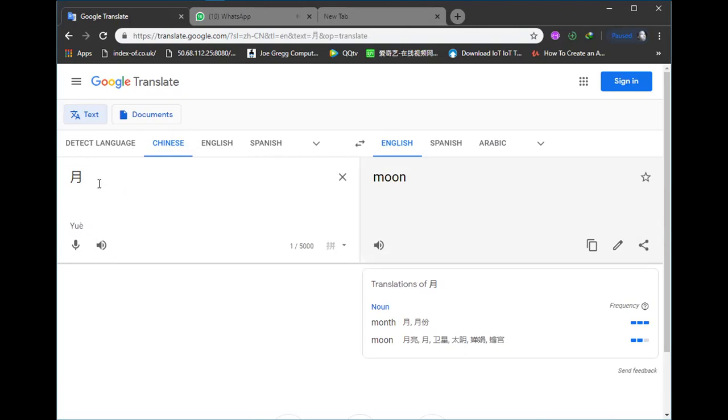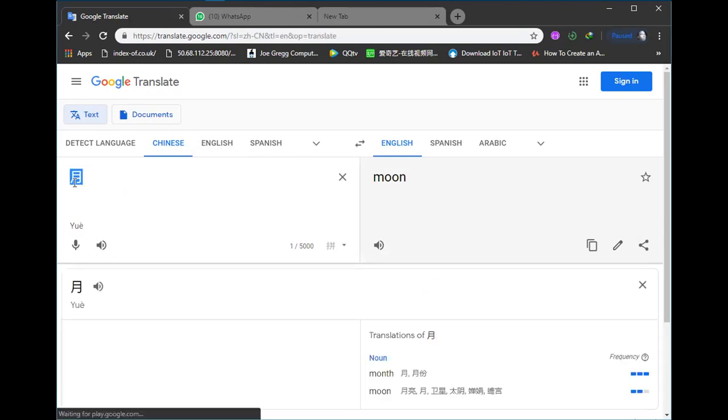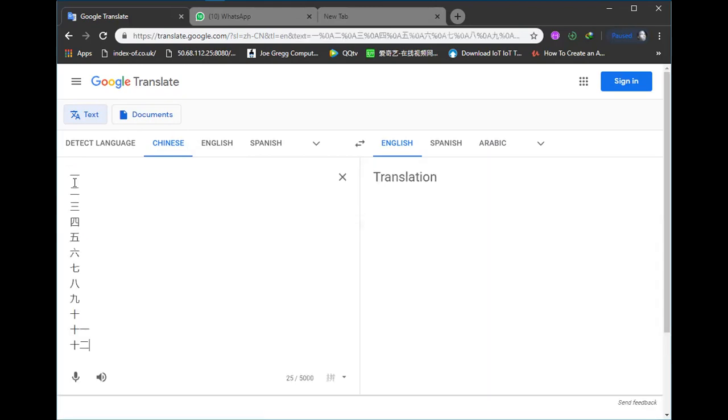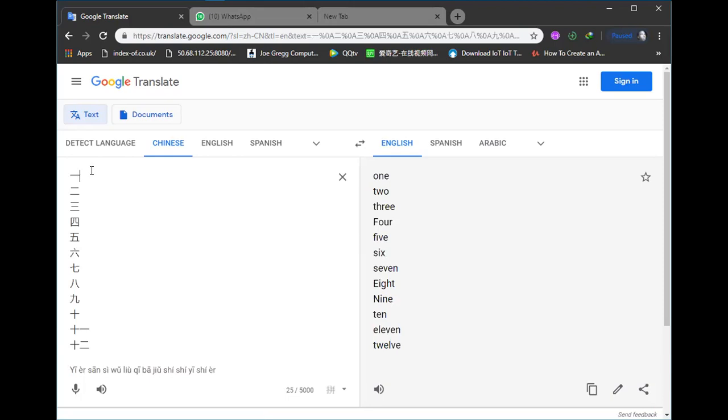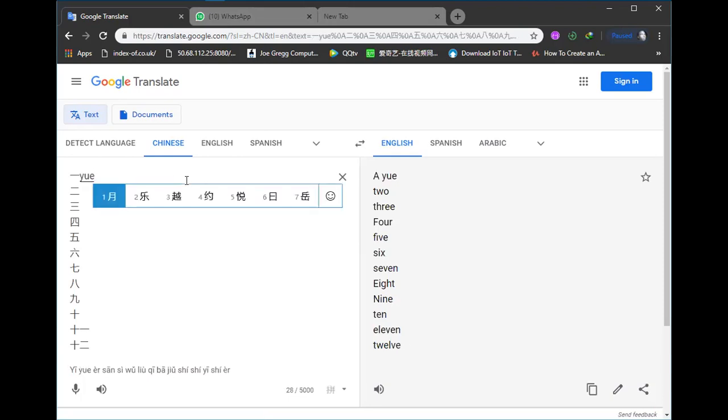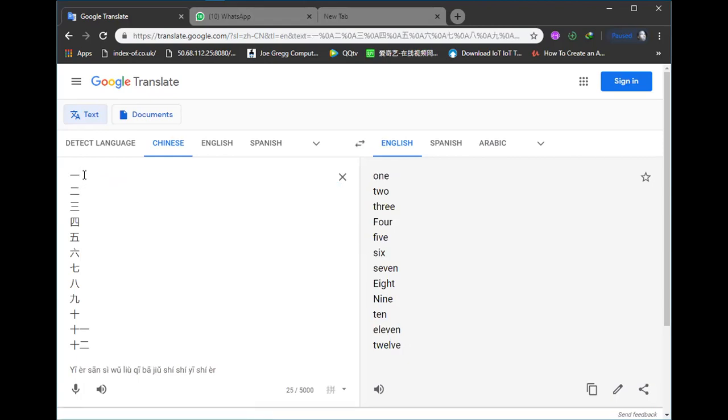Okay, so now that we know the word for month, all we need to do is add that word for month in front of our numbers. So we get our numbers back. Here we put yue, okay? And watch, we're saying this is yi, which is 1. Can you see here?